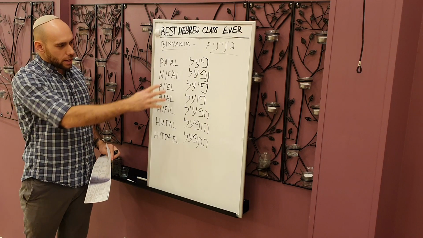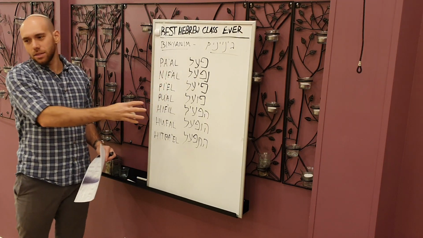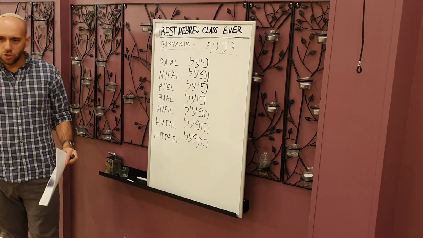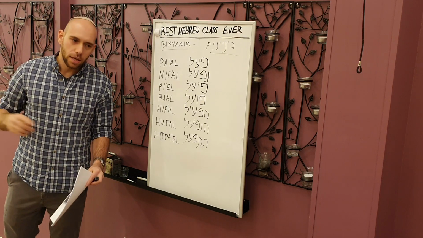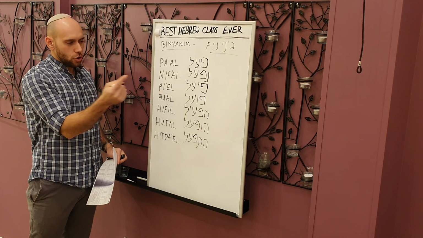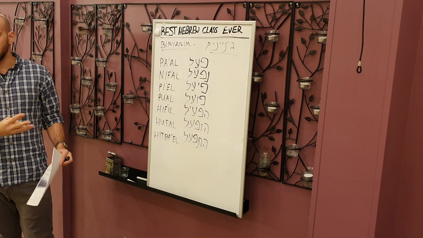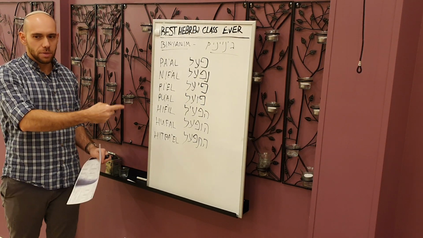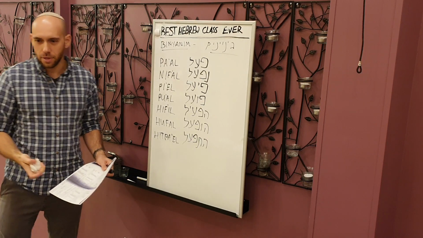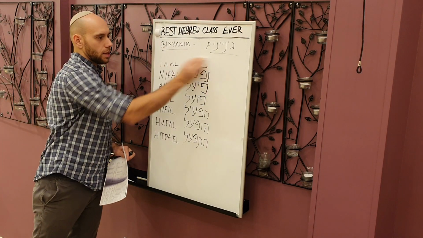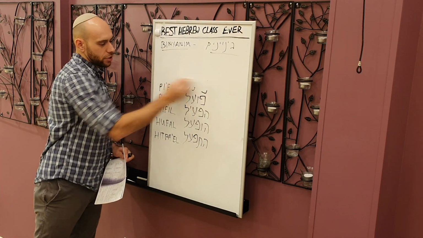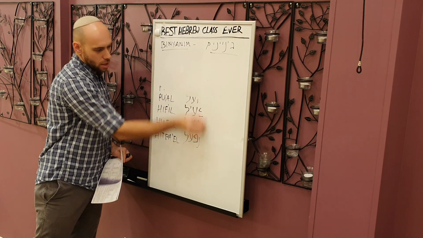The big picture being that the binyan itself has a meaning. Once you get into it, you can almost predict, you can almost create a verb just from knowing the structure of the binyan. You're like, oh, this root in this binyan is what this verb is going to be. Hebrew is very, very structured that way.